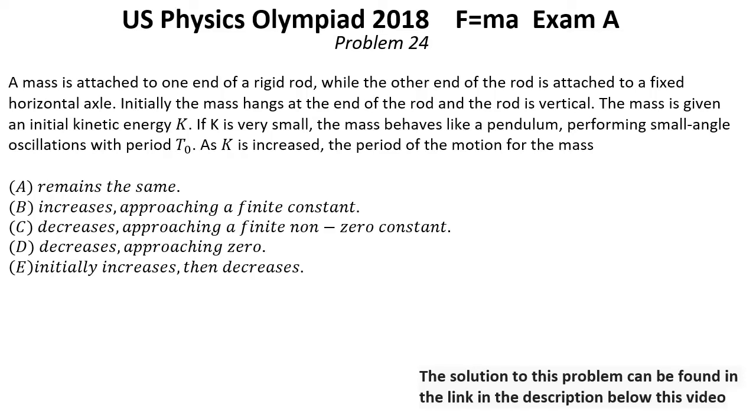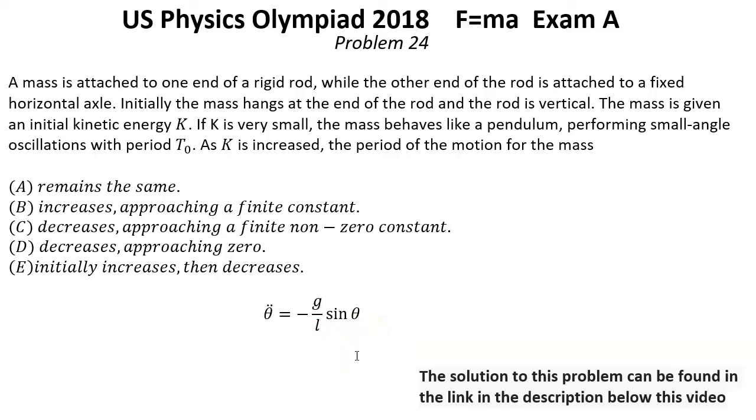Solution for problem number 24. First of all, let's write the equation for angular motion of this mass. We have the equation that angular acceleration equals negative g over L multiplied by sine theta.